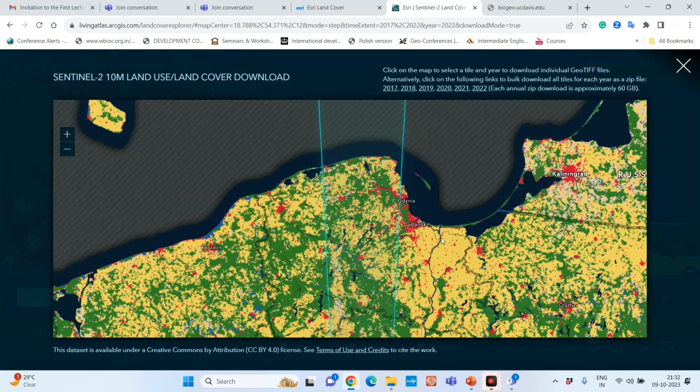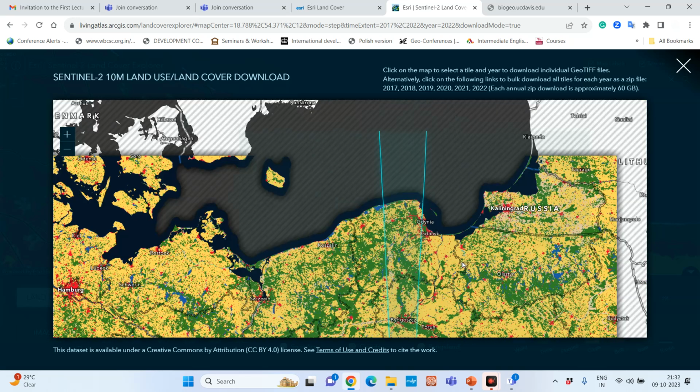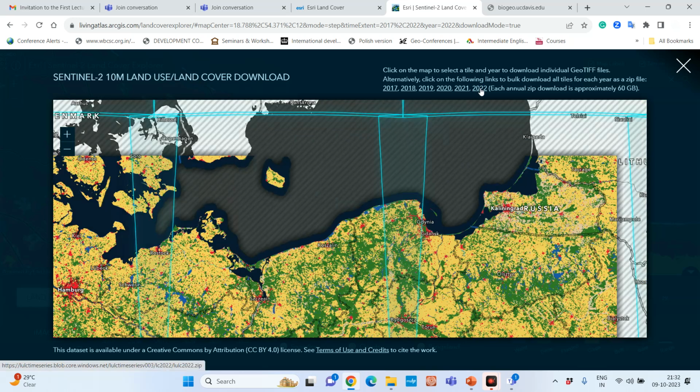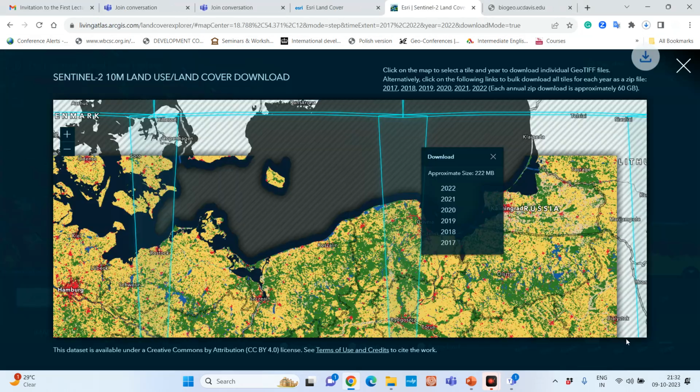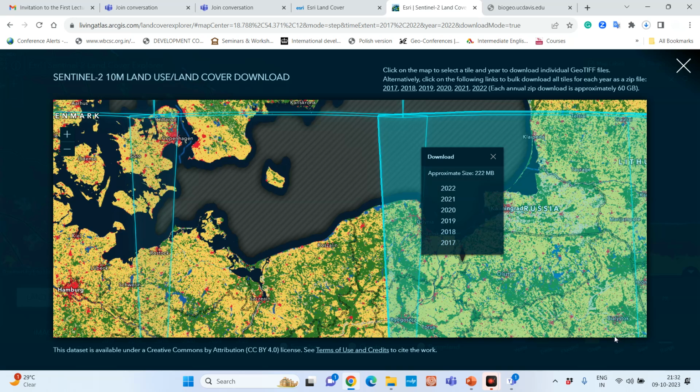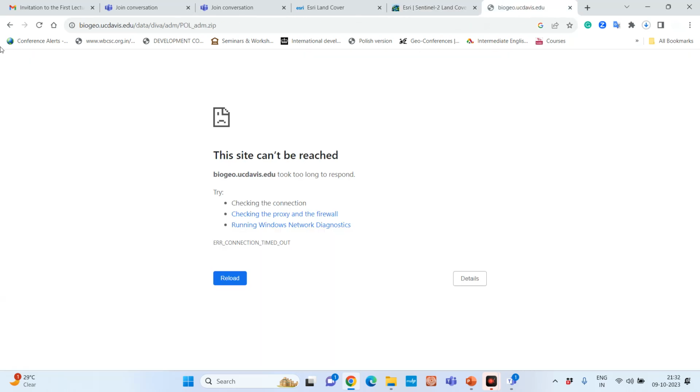So you can also download that image, just click it here. Suppose you need the map of 2022, click it here, and you can also download the LULC. It's a zip file, you just save it anywhere. Even for 2017 you can download over there.